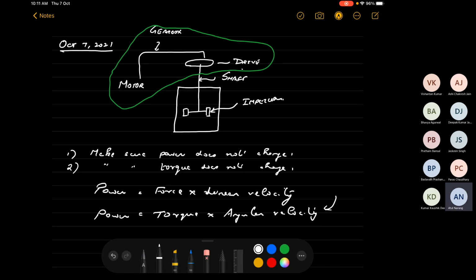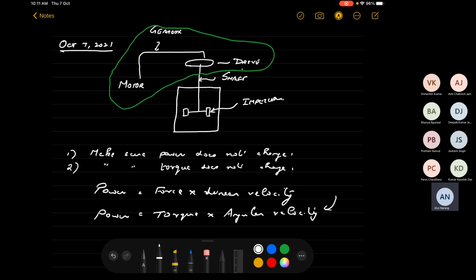So in a mechanical system that is moving linearly, the power equals force multiplied by linear velocity. We in fact used this, right? We used P0 divided by VI when we did the scaling. And similarly, in a rotating system, power equals torque multiplied by angular velocity.